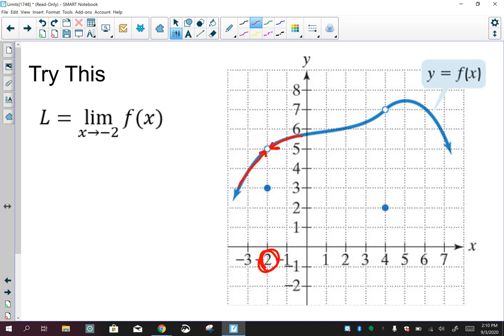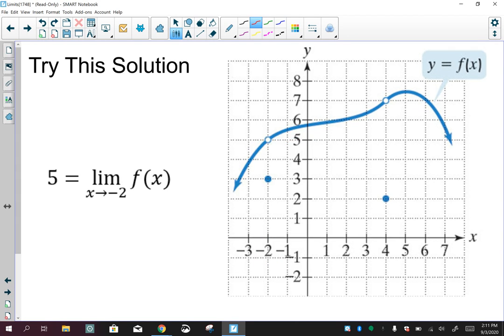Now notice that at -2, I'm defined here. I don't care about being defined because that's not what the question is asking. The question is asking what the limit is, so the limit is only going to be on the graph. So if you look at this, as I'm approaching this -2 here, what number am I approaching?